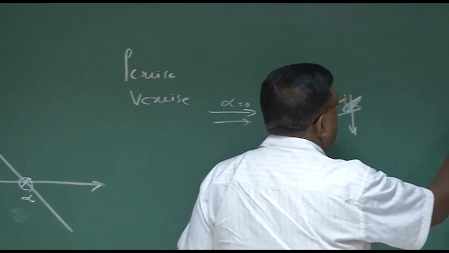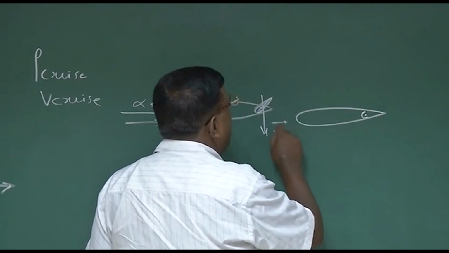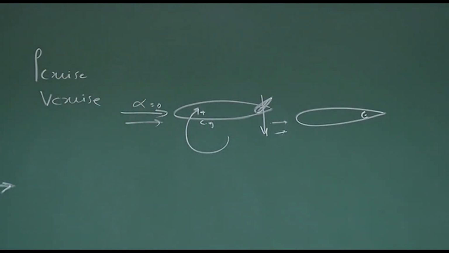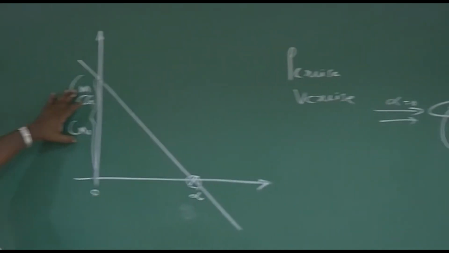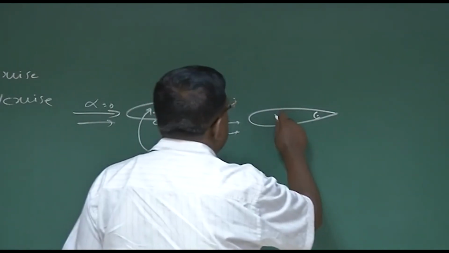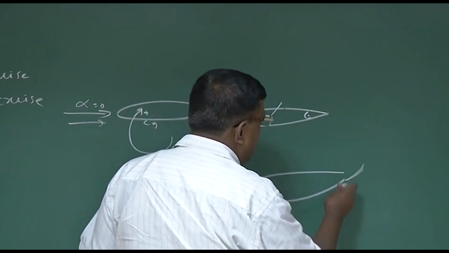We should look for a design so that this flying wing will fly, and by itself it should generate positive Cm naught even when delta E is not deflected. And by now you know how it can be done. How can it be done? You know, it cannot be done for a symmetric configuration, but it could be done for a reflex aerofoil.